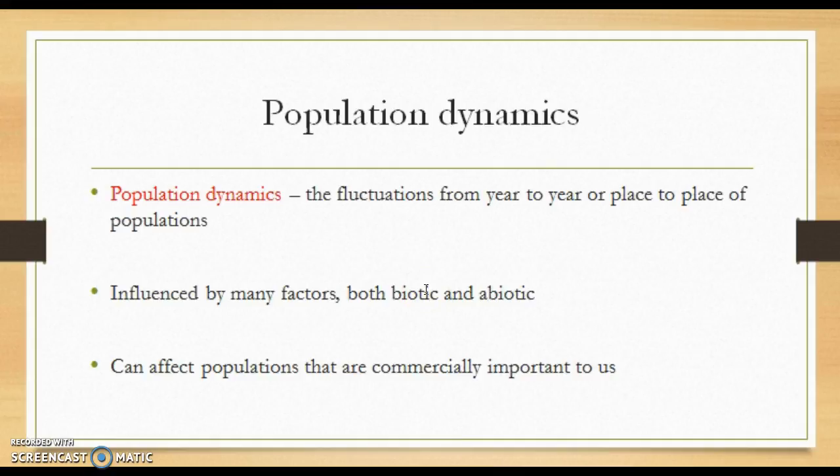What we need to be aware of commercially is that certain species, like maybe fish, might decrease as a result of water conditions, which would be abiotic, or a decrease in a food source, which would be biotic, or an increase in predators, which would be biotic. That would commercially impact us because we rely on those organisms for food and for money.